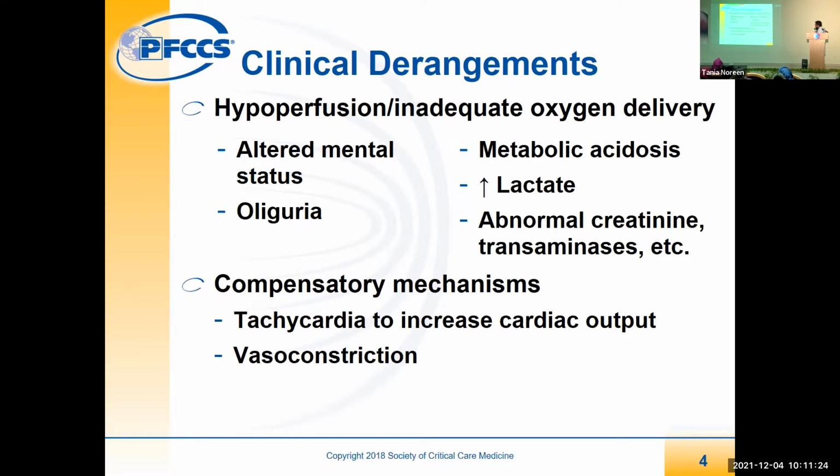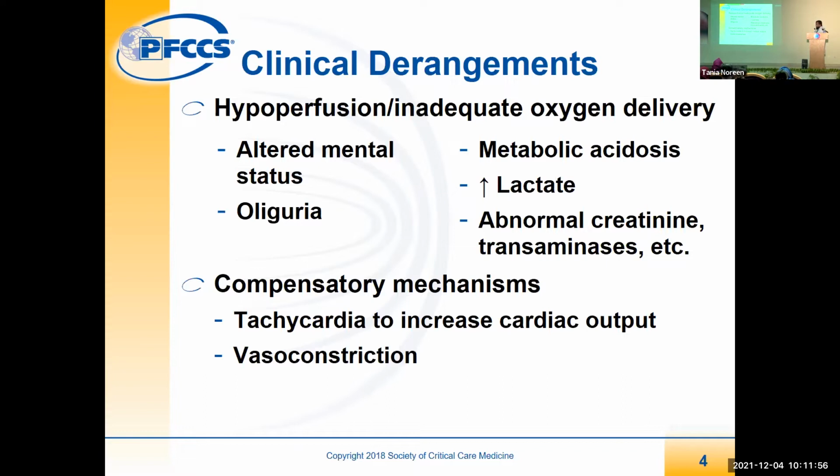So compensatory mechanisms: nature has given us a lot of them. If there is decreased oxygen delivery to the body, it is compensated by increasing the heart rate. We know that in pediatric age groups, it is mainly the heart rate that helps increase the cardiac output and blood pressure, in comparison to adults where the stroke volume is the main determinant.